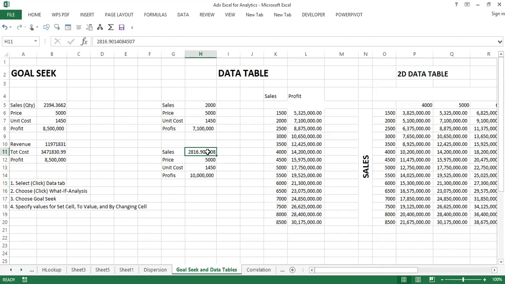So goal seek is to set an objective by changing a variable, right? Yes. It doesn't have to be exactly this type of data.